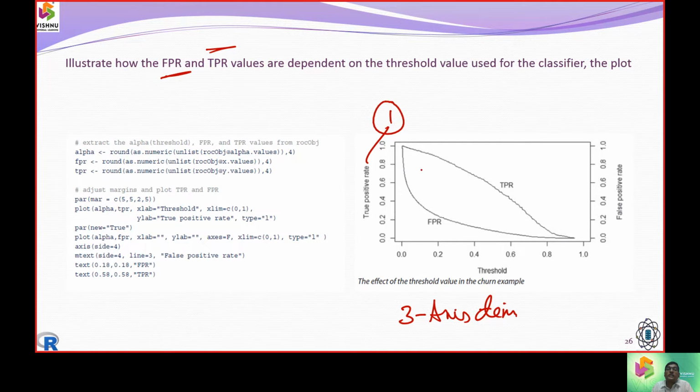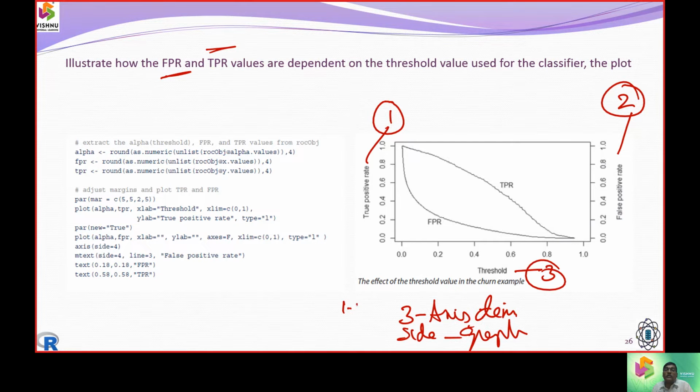One, we represent the true positive value. In the same graph, we have the false positive value. And third, we have a threshold.